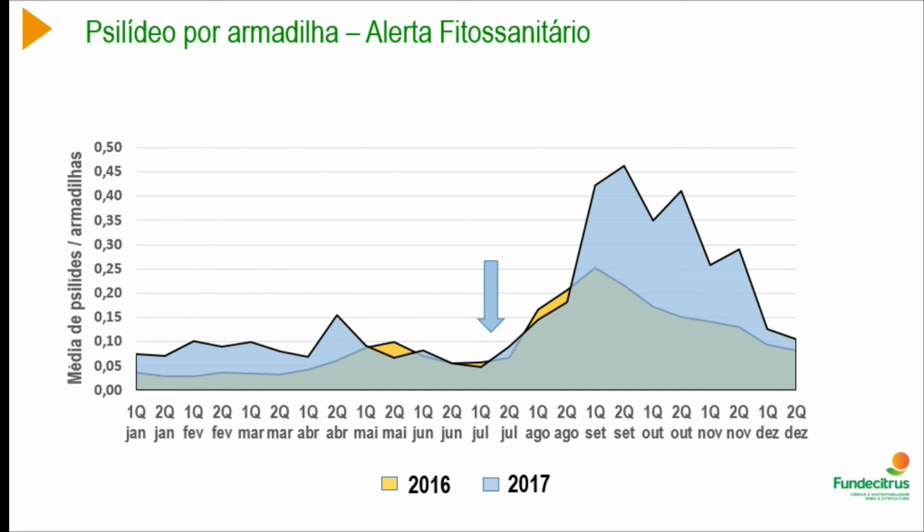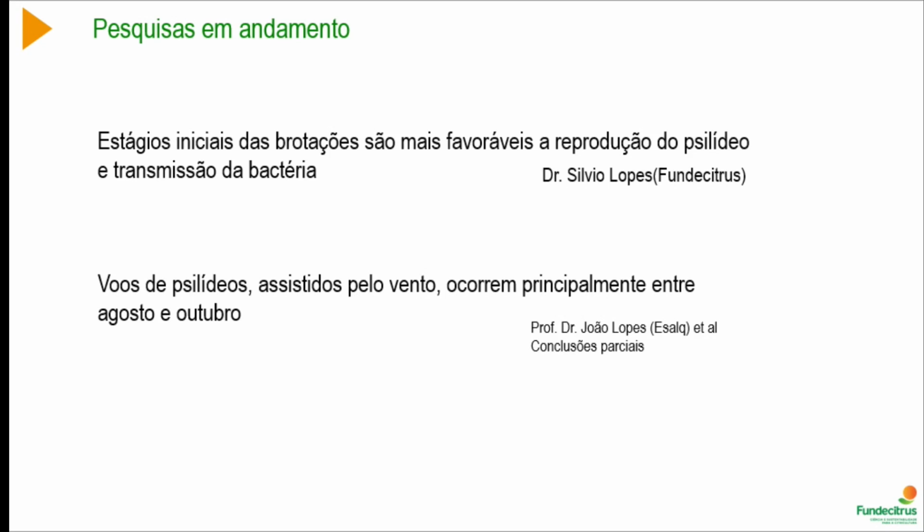The psyllid population usually has its peak in June and July, depending on the year, and here in August 2016, for instance. That is because of the sprouting cycle, which causes the fluctuation in the psyllid population, and it is very clear that this population in the second half of the year is much higher than in the first half, and that applies to all the years.